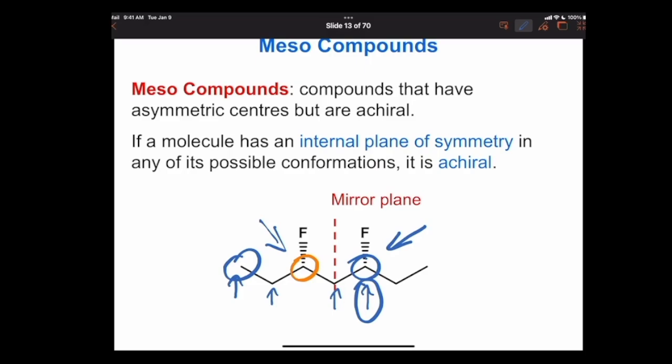Yeah, that's a really good point. If this was a wedge, like if I drew this, same molecule, one is a dash, one was a wedge, does this have a plane of symmetry anymore? If the fluorine was down, but I now put this fluorine here up, are the left and right halves perfect mirror images of each other?